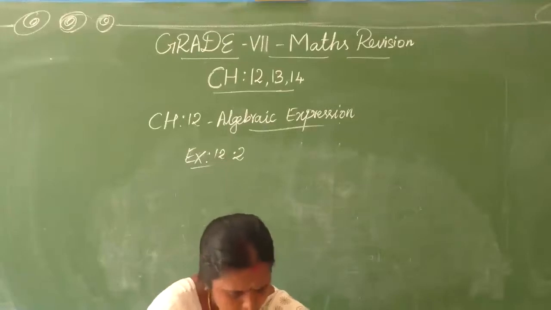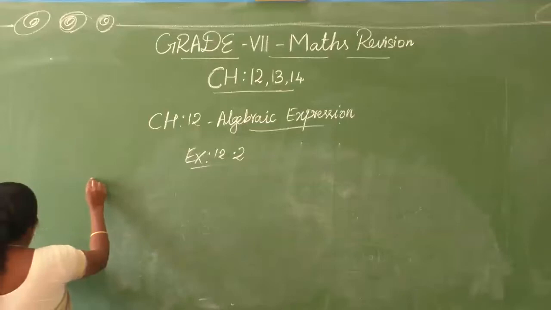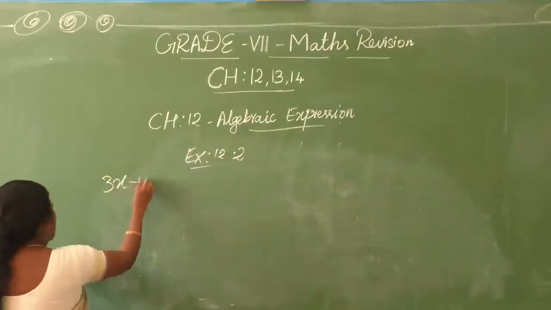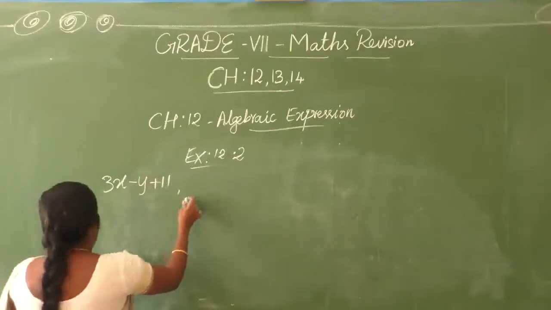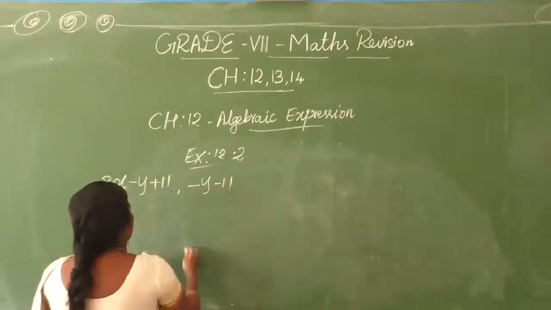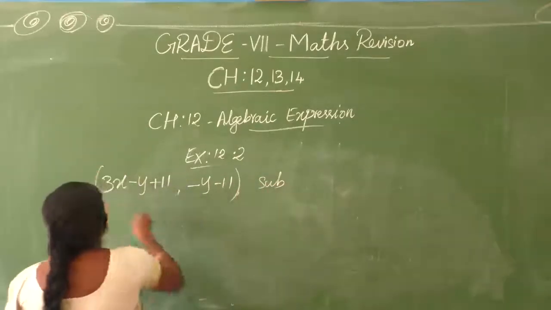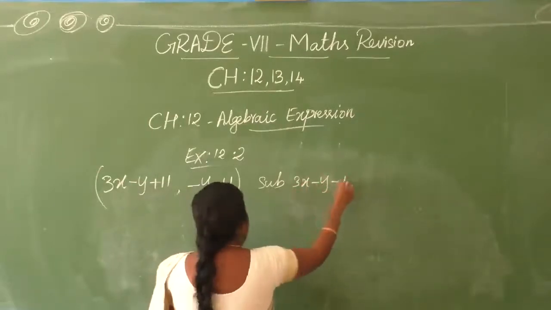See, from the sum of 3x minus y plus 11 and minus y minus 11, subtract 3x minus y minus 11.